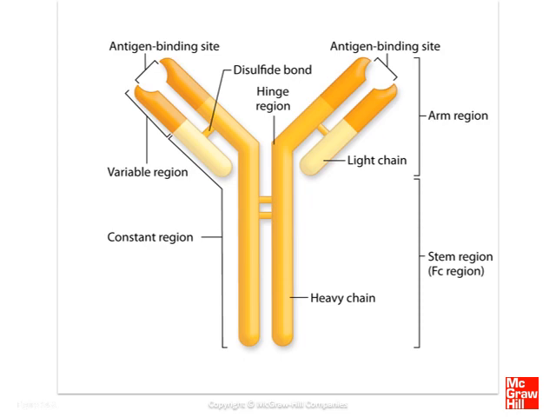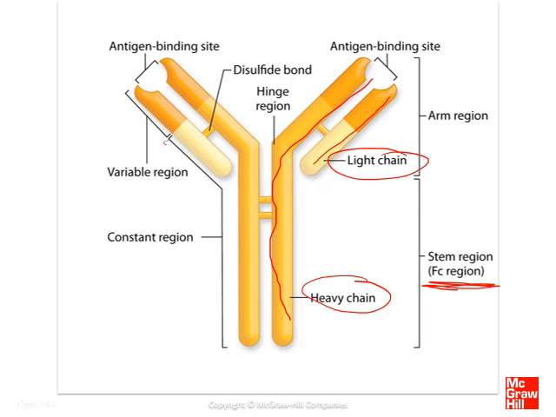So here is our simplified artist rendition of an antibody. We have our Fc region, so this is all constant. You have your heavy chain, and it's heavy because it's much larger. Our light chain is a little bit shorter.